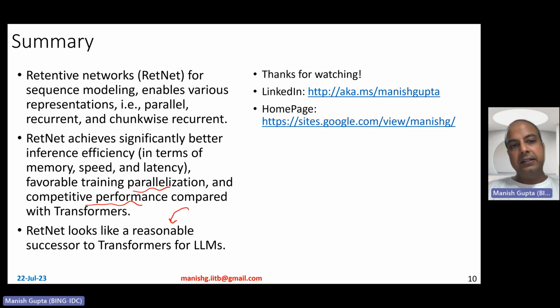Overall, RetNet or retentive networks does look like a very reasonable successor to transformers for large language models. However, like everything, time will tell how much people start using RetNet compared to just using standard transformers. Of course, if this becomes popular, then very soon you will see more papers coming in where retentive networks are used for multimodal representations, just like standard transformers started getting used for multimodal representations and for many other similar tasks.